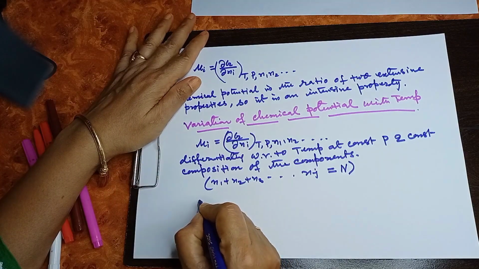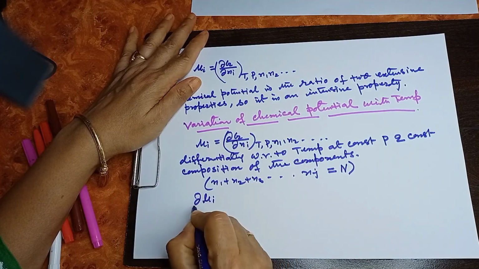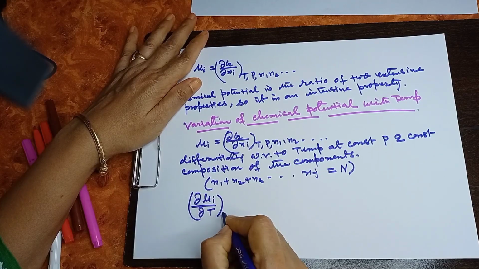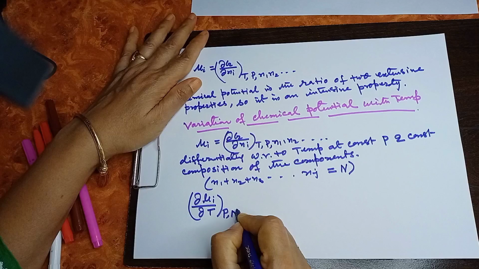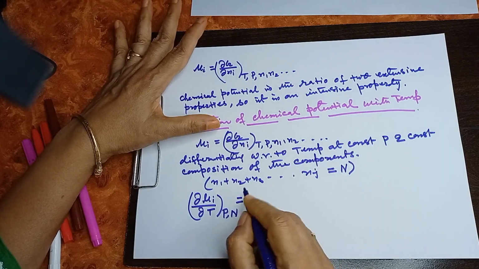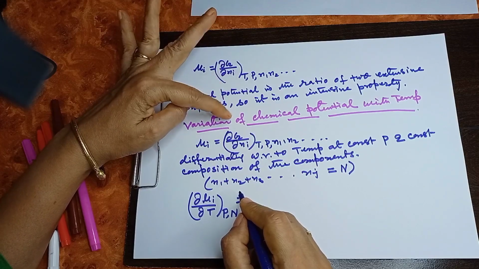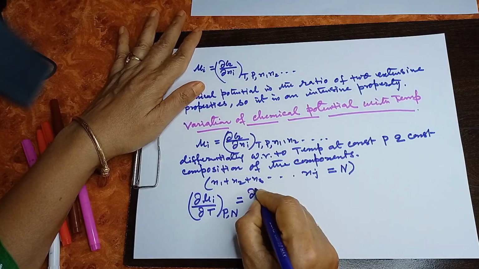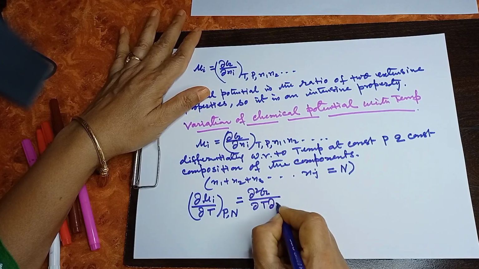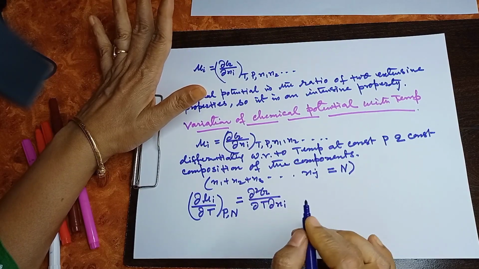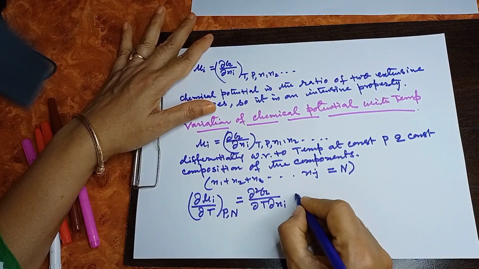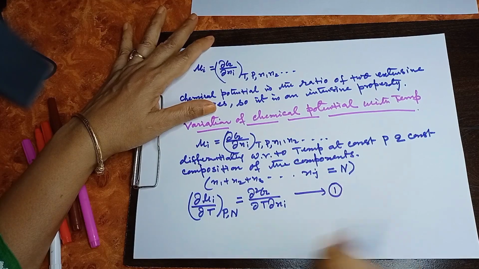Now dou mu i by dou T at constant pressure and composition of all the components is equal to dou square G by dou T dou Ni. So this is my equation number 1.